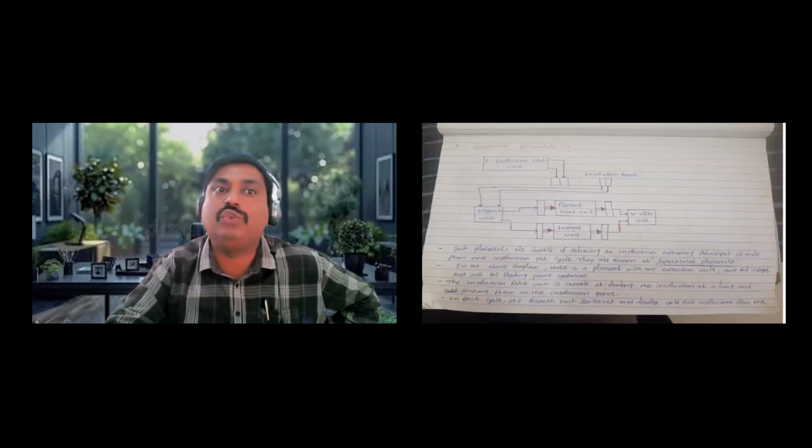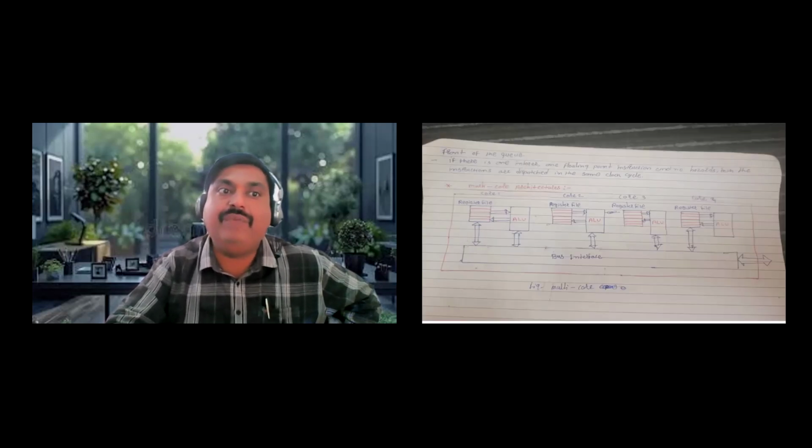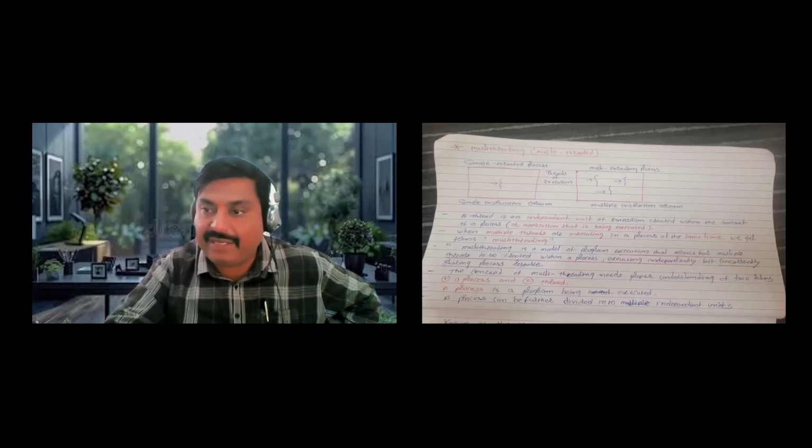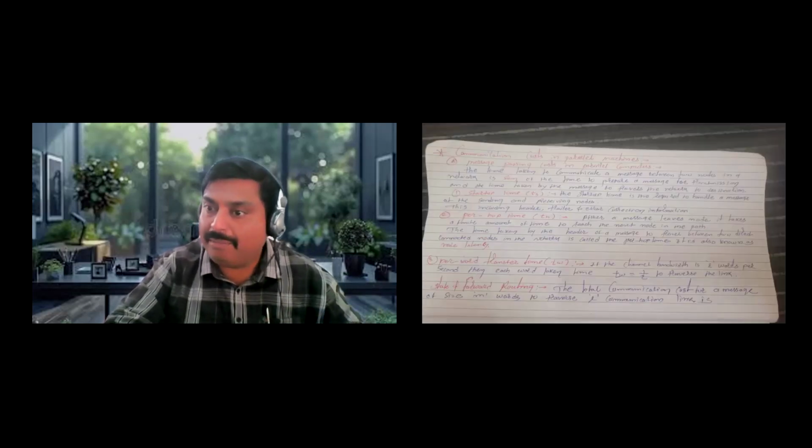Then we learned the superscalar architecture, then the multi-core architecture. Then today we observed the multi-threading concept and communication cost in parallel mechanisms. And lastly, we learned the computer architecture classification, or Flynn's taxonomy. So this is related with the first unit of your HPC. Is it clear to everyone?